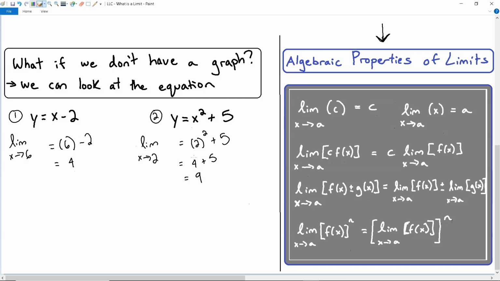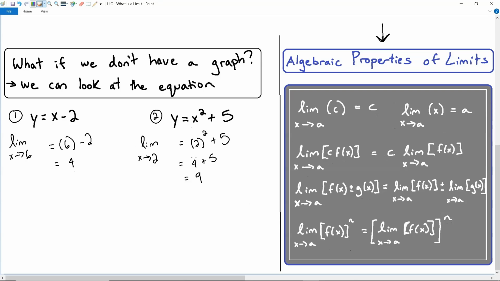So if we can just plug in the value for x that we're approaching into our equation, why would we need to learn anything else in terms of algebraic properties of limits? That is a very good question. Number one, some questions, especially later on in the course, are going to require you to use limit properties in order to solve them. You won't be able to simply plug in the value for x.